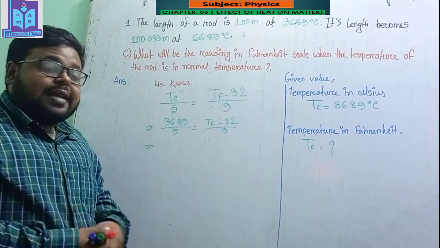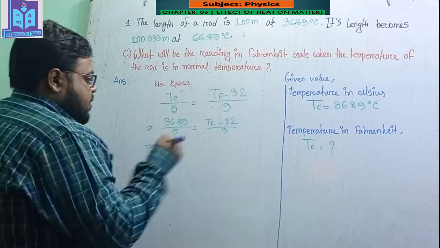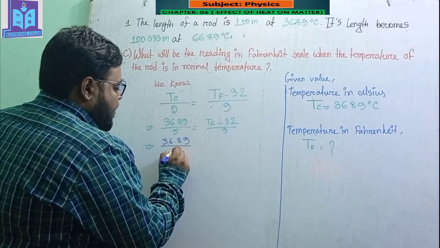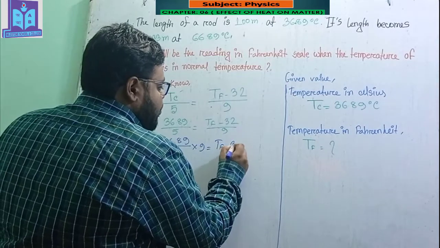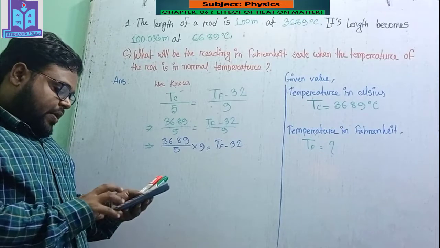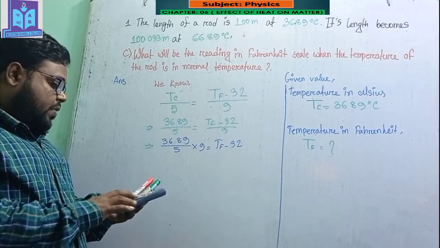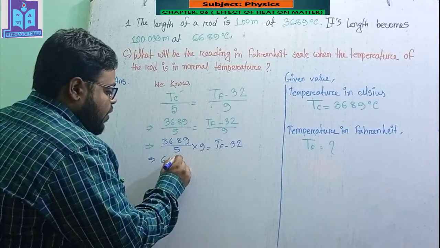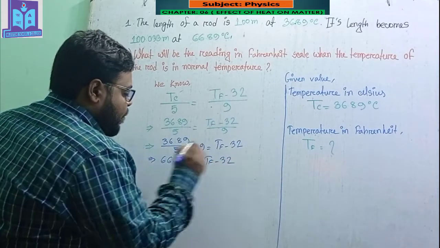If I solve this equation, then I can write 36.89 divided by 5 into 9, and Tf minus 32. And if I solve this, 5 into 9, the value will be 66.402 equals to Tf minus 32.